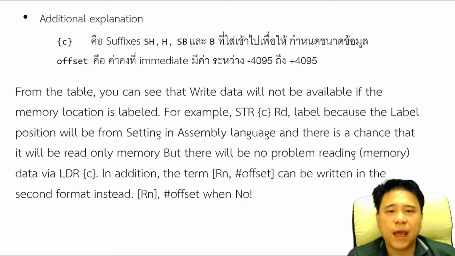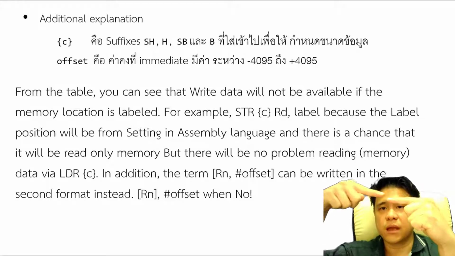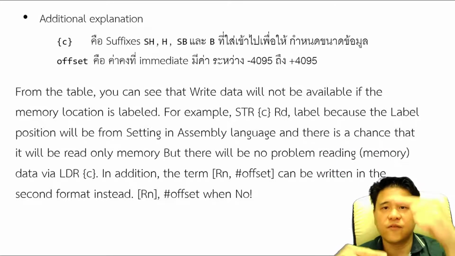It means that you can have an offset between minus 4096 and plus 4095. If you have Rn pointing to here, you can go up 4095 or go down 4095.